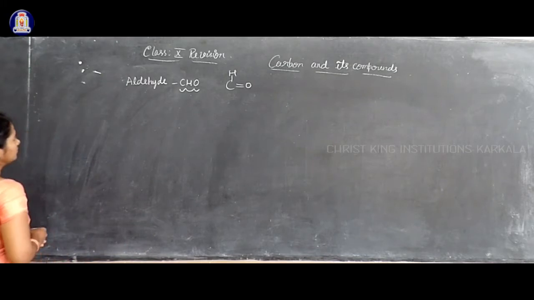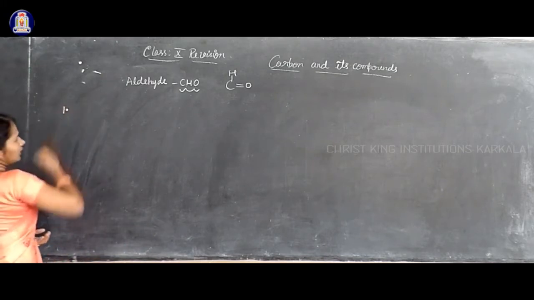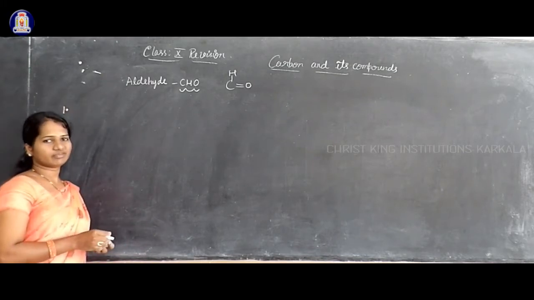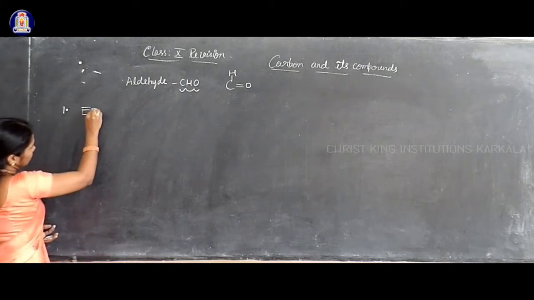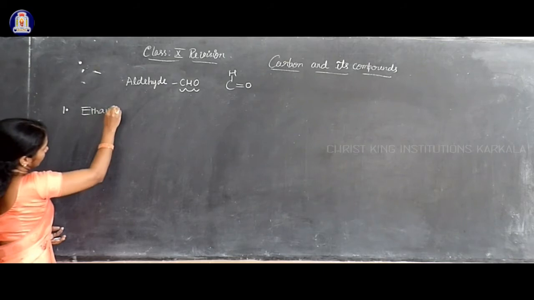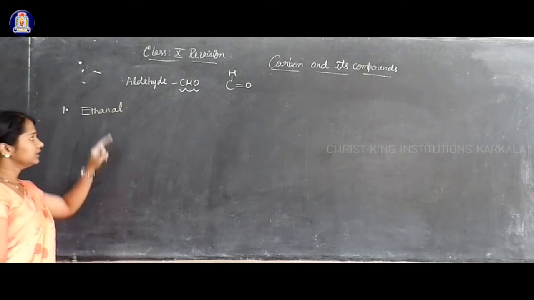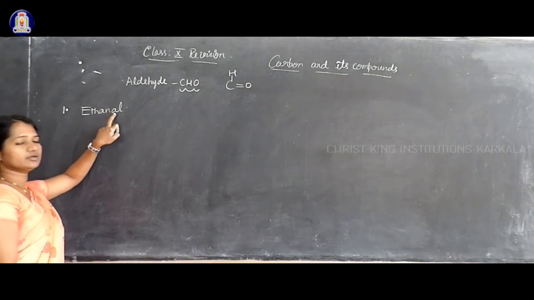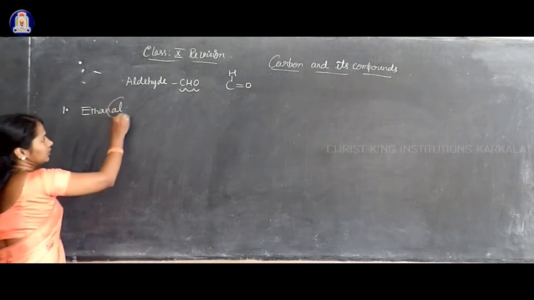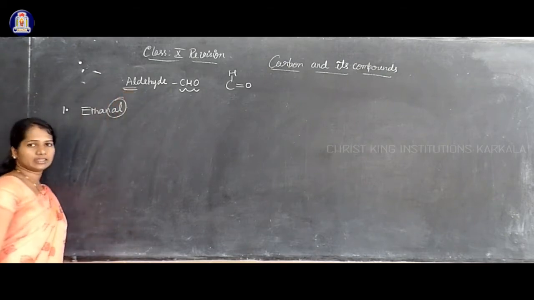The first member of the family of aldehyde is ethanal, N-A-L, not ethanol. If it is O-L, it belongs to the alcohol group. A-L in the sense, it belongs to the aldehyde group: ethanal.